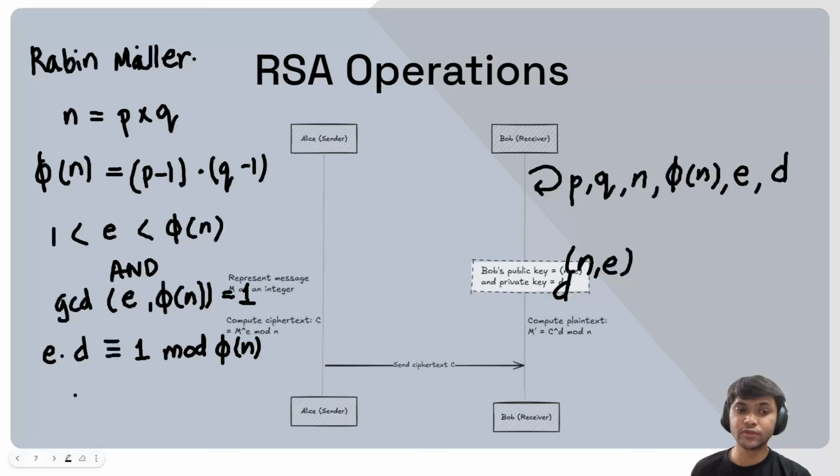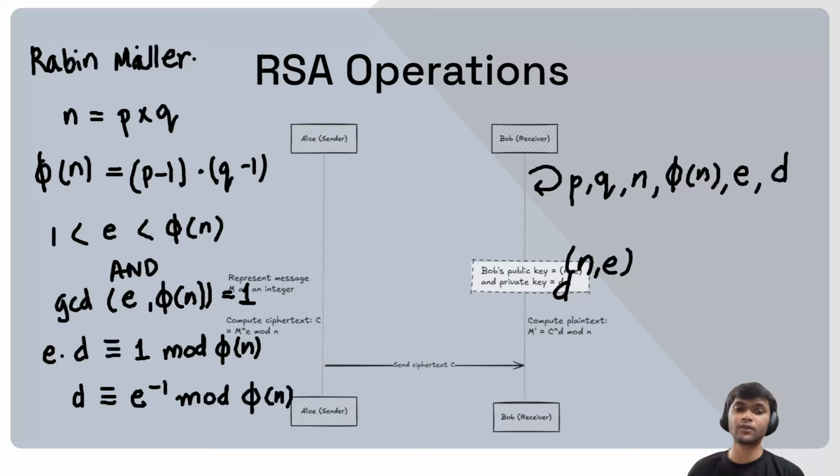In other words, D is the multiplicative inverse of E mod phi n. Now, Alice can easily collect the public exponent. N and E have been generated, and D remains with Bob.